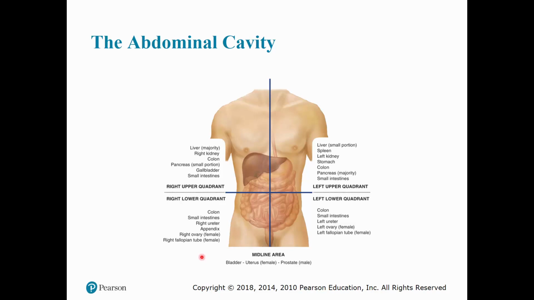Well, I have my colon, my appendix, my small intestines. That way you can start figuring out what's going on with your patient and treat them accordingly based off their signs and symptoms.